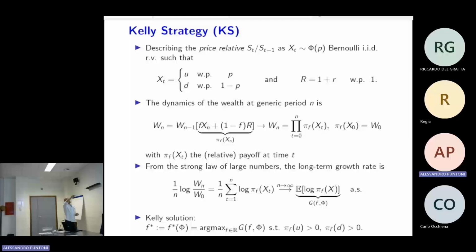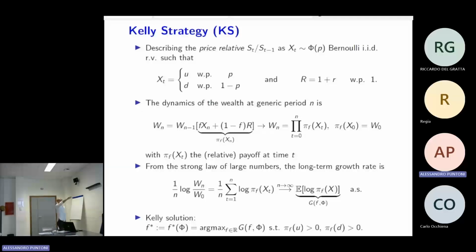Under this assumption, we call the price relative the ratio between the price at time t and the price at the previous time, t minus 1, and we model this as a Bernoulli random variable, as before, like in the case of gambling. We go up with probability p and down with probability 1 minus p, and the bond is described by 1 plus the interest rate R with probability equal to 1.